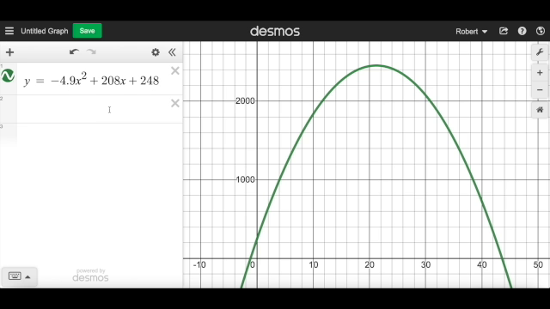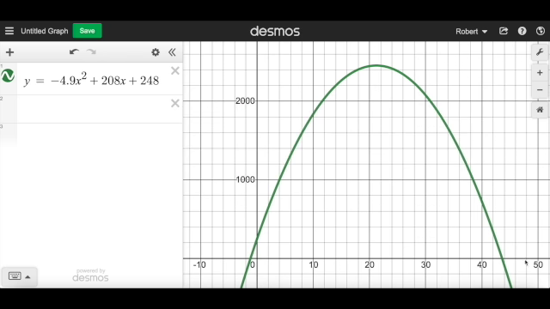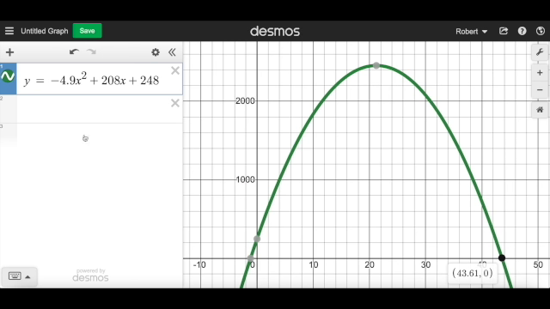Okay, it wants to know when it splashes down. In other words, where is the graph going to be equal to 0? Where is y going to be equal to 0? And it's going to do right here, and that's going to look like 43.61 seconds. x is seconds, so we're going to put that down. And then where does it max out?